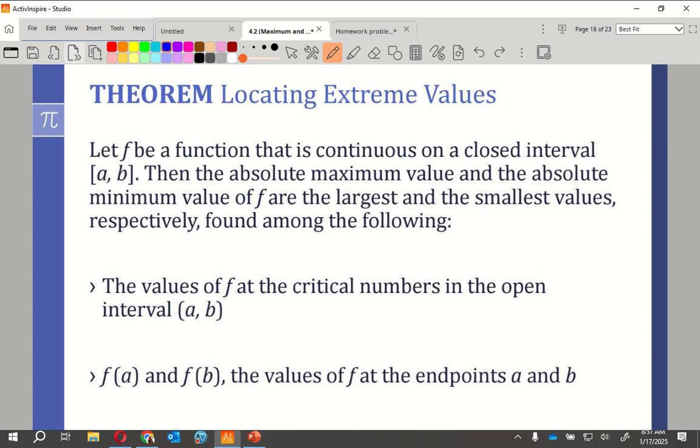The values of f at the endpoints a and b. So we're checking all those. So plug them in. We can actually plug it in to see what we get at the endpoints.